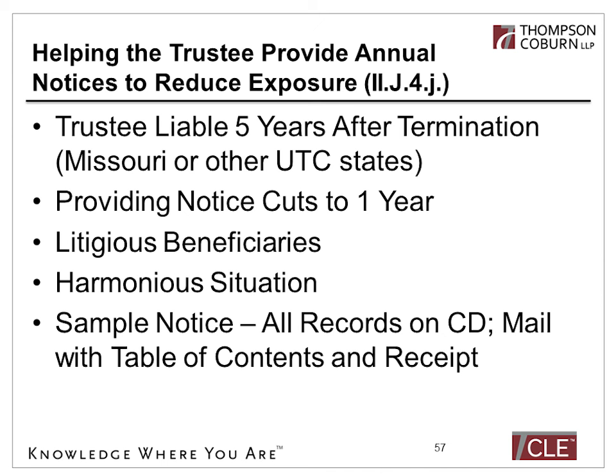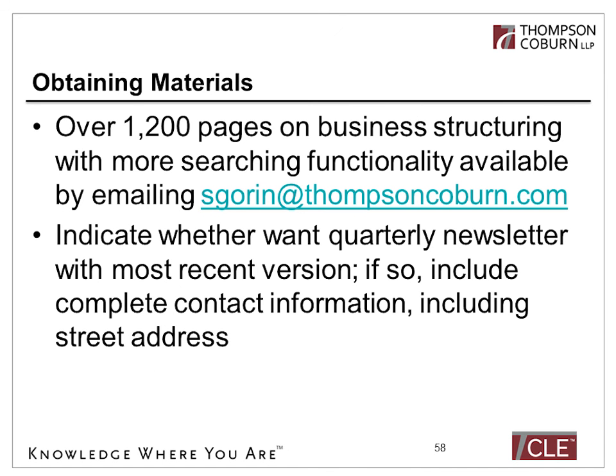So if you have litigious beneficiaries, they have to complain sooner rather than later. And even if everybody seems to be getting along, it's good to give these notices when everything seems to be going well and not wait for the situation to occur where somebody's unhappy. So Steve's material that he referenced has some sample notices that can be helpful to the trustee in limiting his or her exposure.